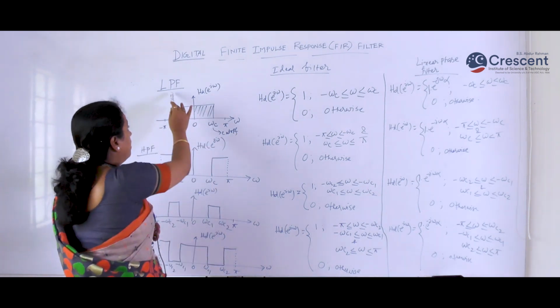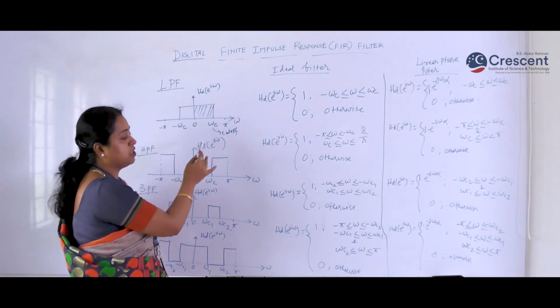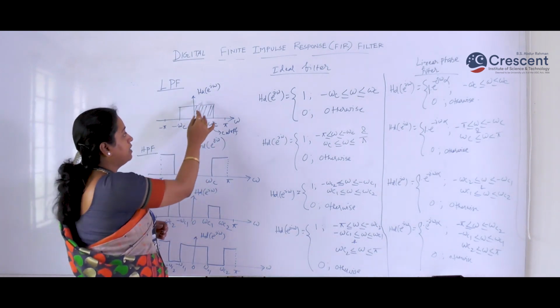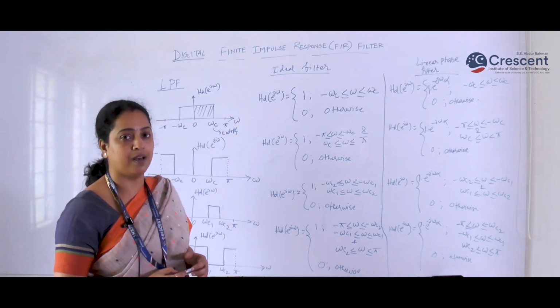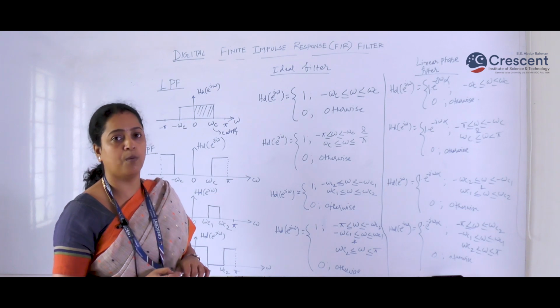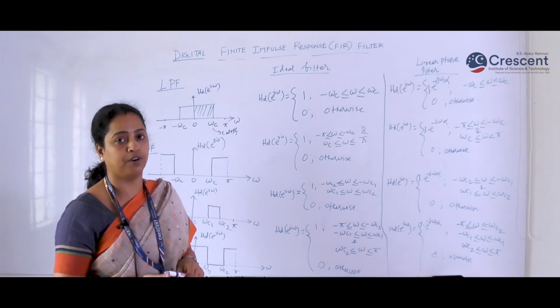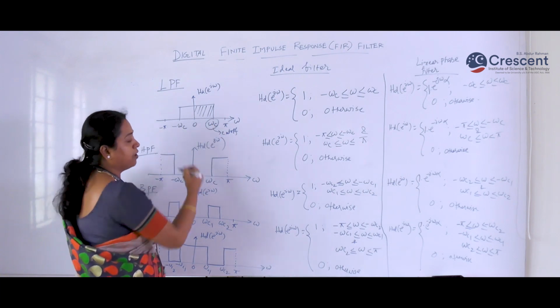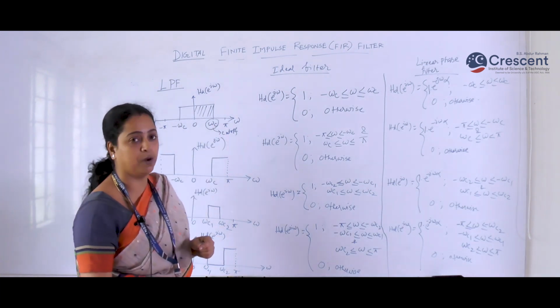In the case of the low pass filter, you can see here all the characteristics for Hd(e^jω). According to the definition, the low pass filter passes only the lower frequency components and blocks the higher frequency components. So it passes the frequencies up to its cutoff frequency, which is denoted here by omega c.